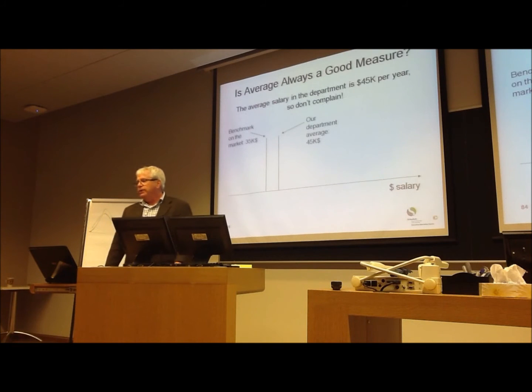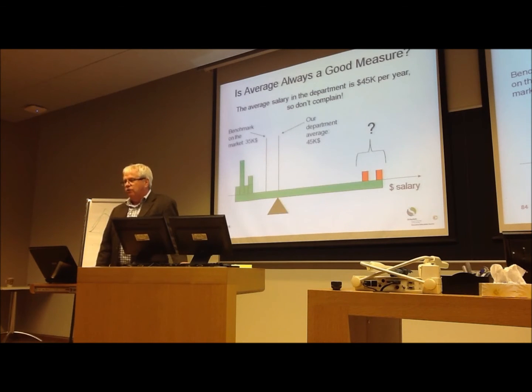So that's the mean. The key lesson here is that, in this example, we've got the departments complaining that their salaries are not in line with the market value. So the company goes out and does an analysis. What are you talking about? We're paying on average $45,000 a year for people, and that should be okay. But the people in the department said, no, we did a bit of Six Sigma here.